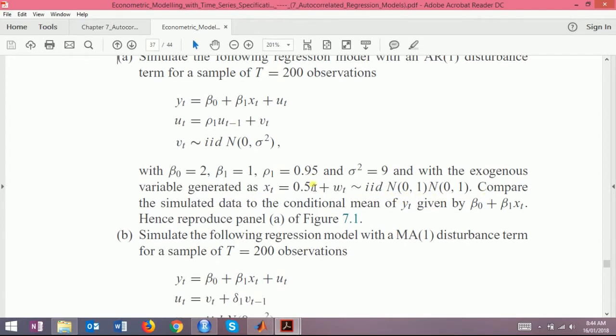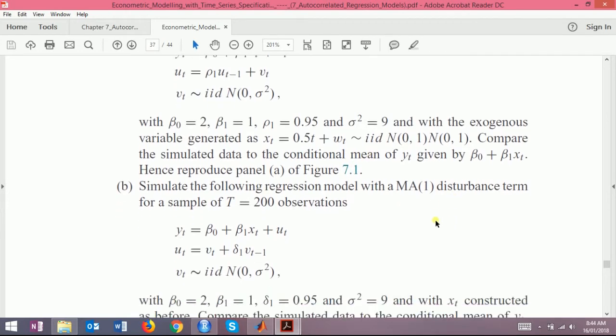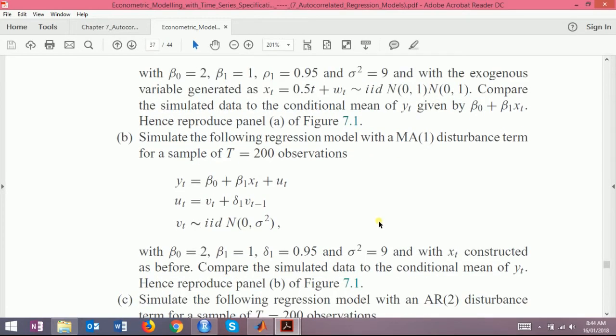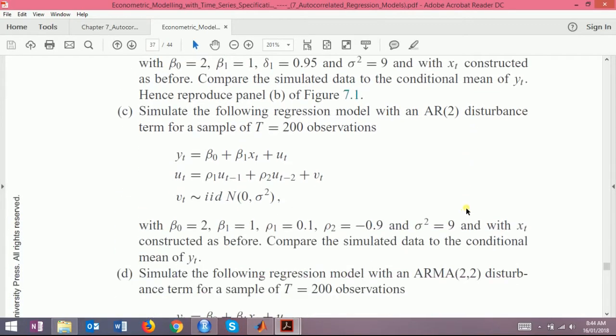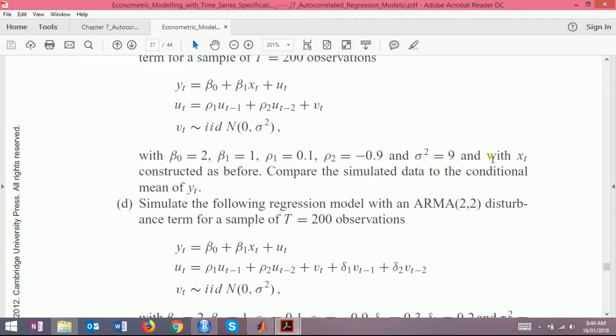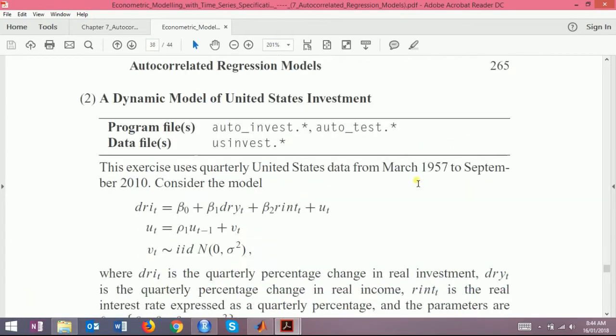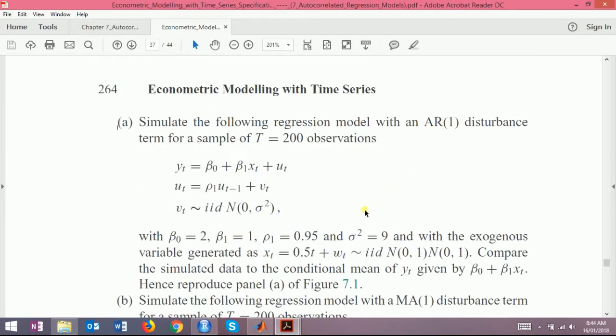Compare the simulated data to the conditional mean of y_t given by beta naught plus beta 1 x_t. Simulate the regression model with an MA1 disturbance term with the same information. Simulate the regression model with AR2. Simulate the regression model with an ARMA 2 disturbance. Okay, let us begin.